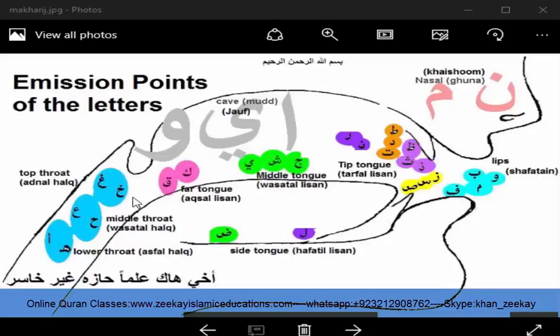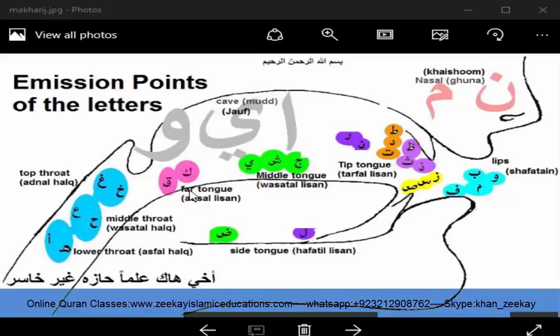The next origin was the throat, which has three parts: lower throat, middle throat, and top throat. Hamza and Ha are pronounced from the lower throat, Ghain and Kha from the top throat, which is nearer to the mouth, and Ha and Ain from the middle part of the throat.